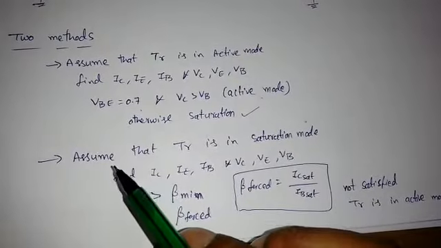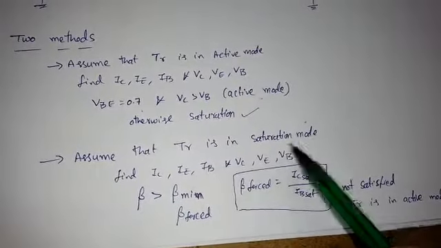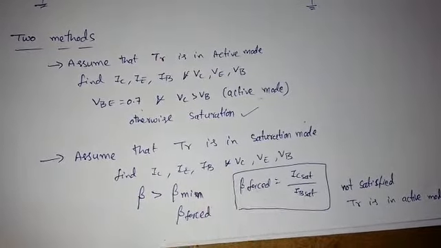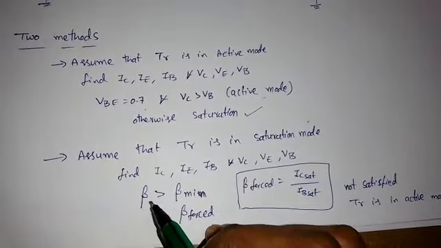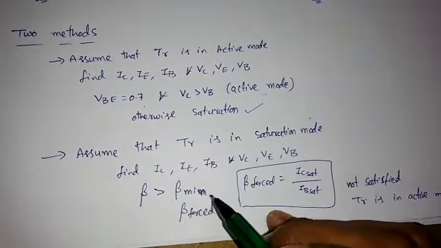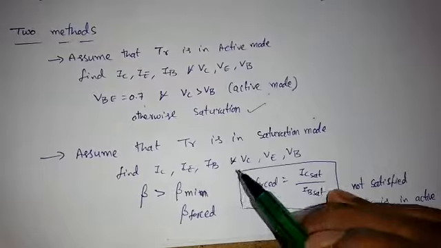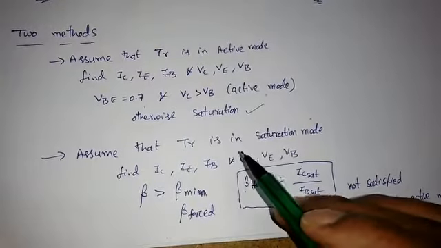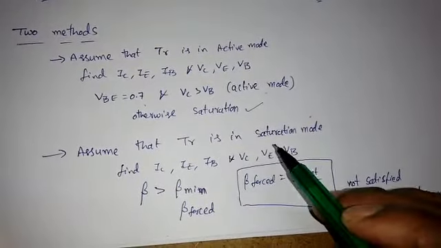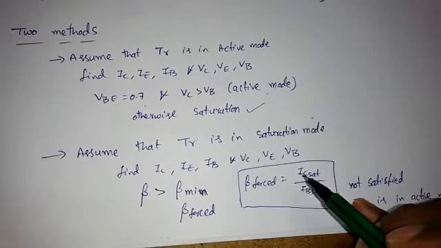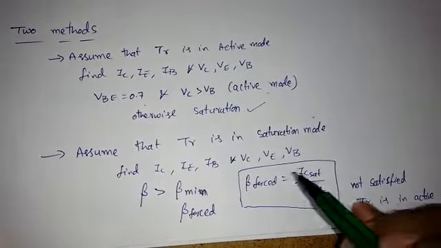Similarly, the second method is to assume that the transistor is in saturation mode, and find the currents and voltages. It is called beta forced because we forcefully assume that the transistor is in saturation mode. Once we get IC and IB, find the beta value.